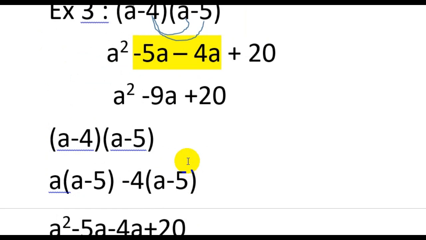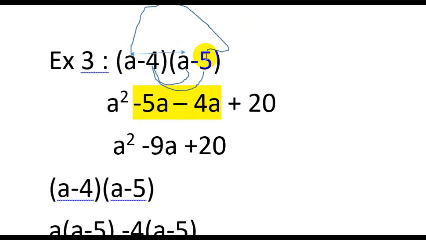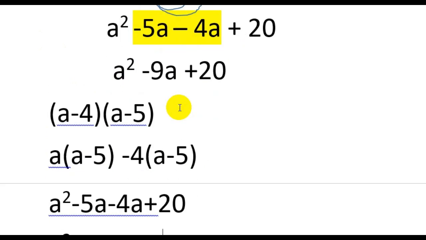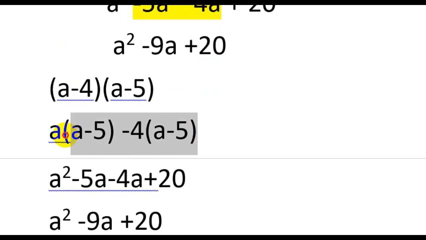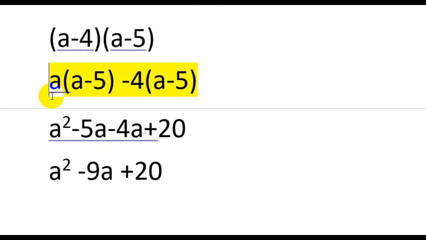So if you find difficulties taking each term with mental calculation, you can always write this step at the very first stage, so you are more clear with what terms you are going to multiply and what symbols you are going to multiply.